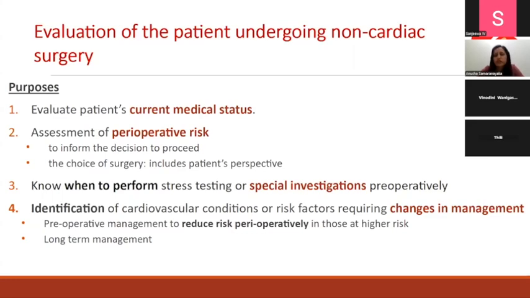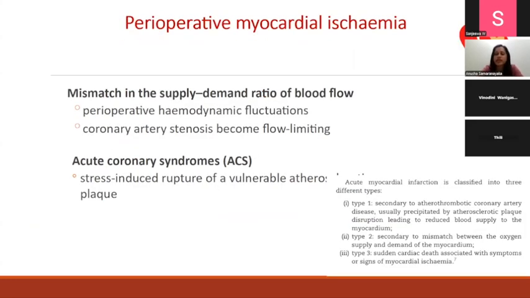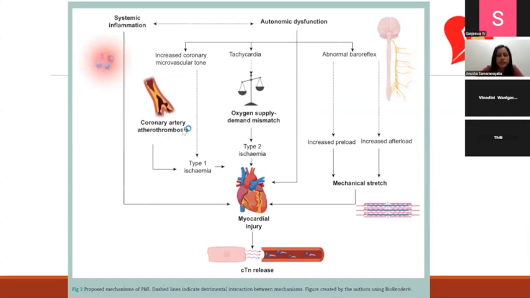So, a few words about myocardial infarction, the mechanisms. As I think you are all aware, there are three different types in the classification system. If you can see in this diagram, type 1 myocardial infarction is classical myocardial infarction, where there is atherothrombotic disease.